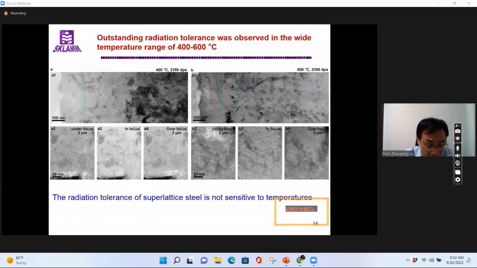This outstanding irradiation tolerance was observed in a relatively wide temperature range between 400 and 600 degrees C. Even for the 600 degrees C sample, up to 2,350 dpa, we didn't see any void formed.